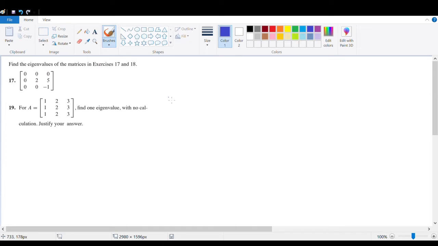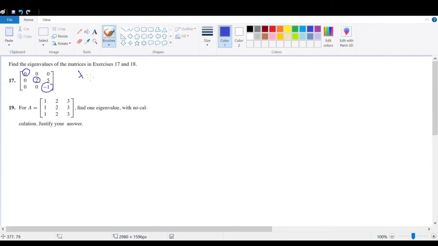In 17, find the eigenvalues of the matrix. Here we have our matrix, and this one is a triangular matrix, an upper triangular matrix. We know that for a triangular matrix, the eigenvalues are the entries on the main diagonal.